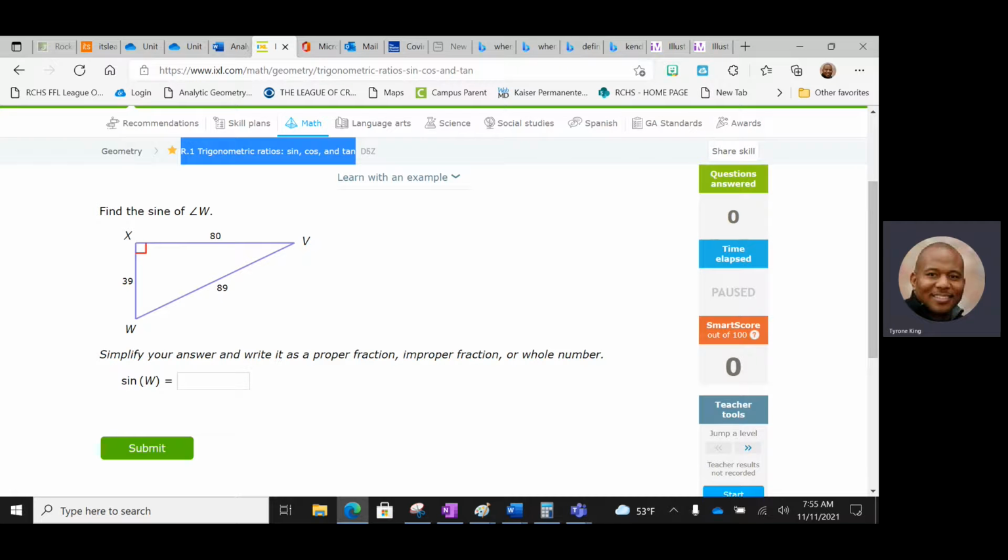It's going to ask you to write a fraction or a whole number as your answer for the sine, cosine, or tangent of one of the angles. So when you come back from IXL, we'll have something new for you. Coach is going to give you about 10 or 15 minutes, and then we'll come back to the video and show you what's up next for you guys.